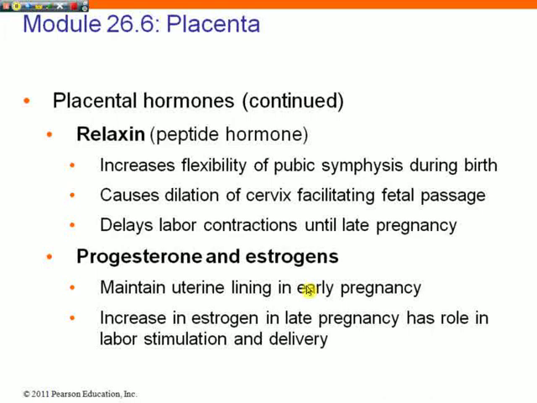Relaxin also causes dilation of the cervix and delays labor contractions until late in pregnancy. Progesterone and estrogens help maintain the uterine lining in early pregnancy, and in late pregnancy an increase in estrogen plays a role in labor stimulation and delivery.